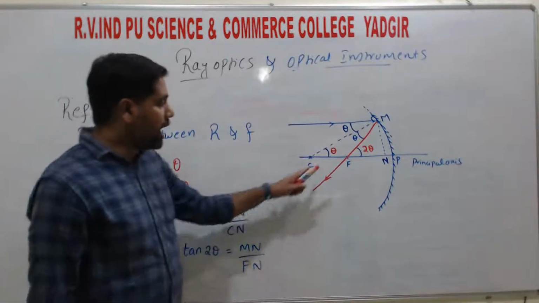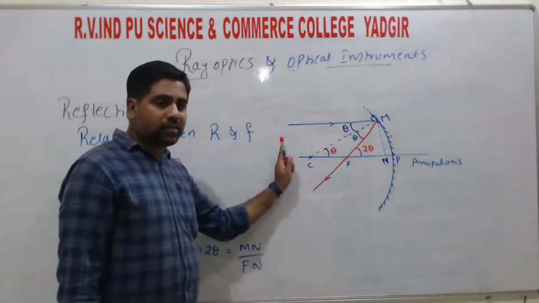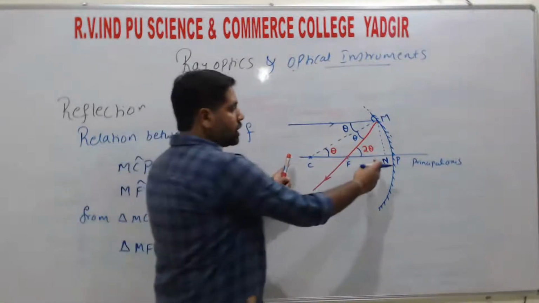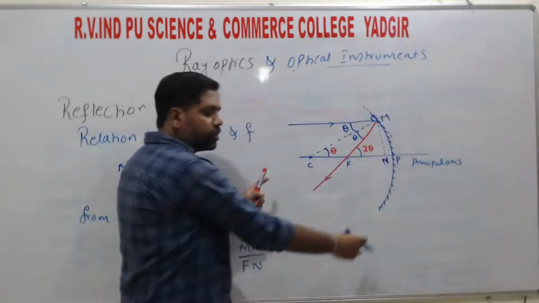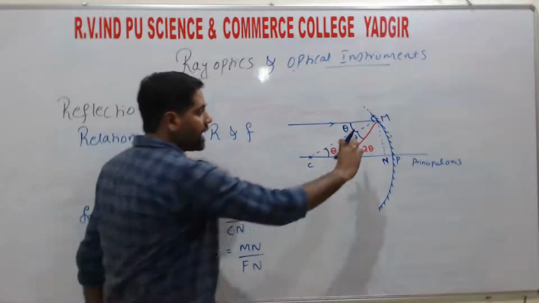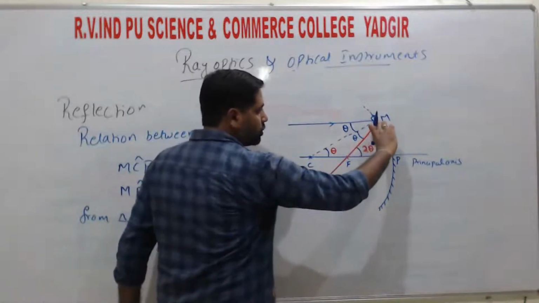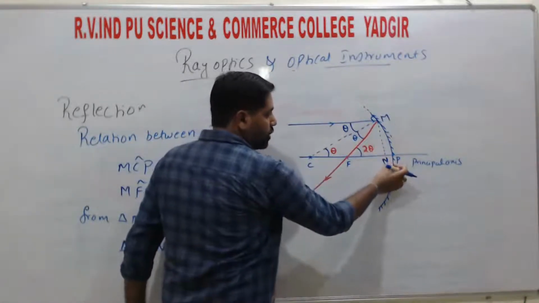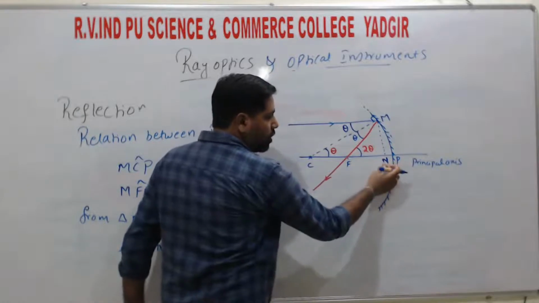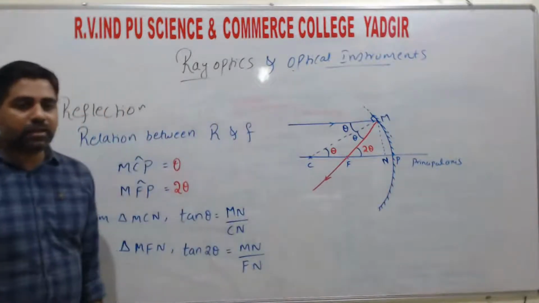For small angles, this distance is very large compared to the surface of the mirror, so points M, N and P are very close to each other, right?